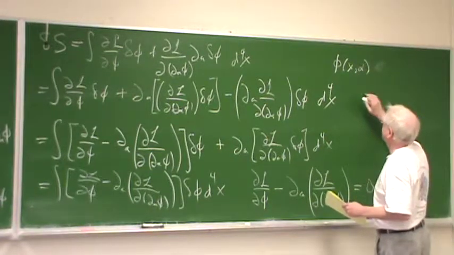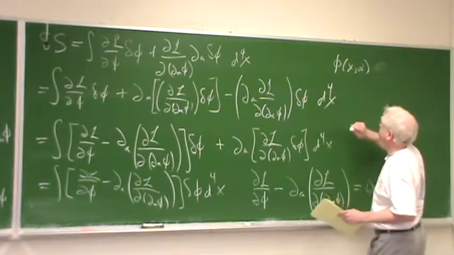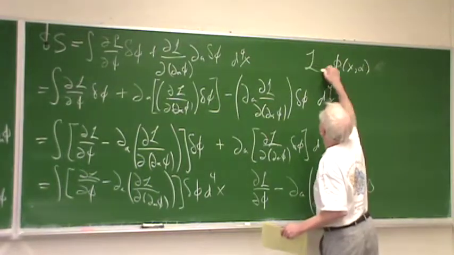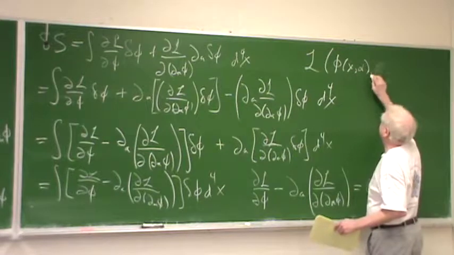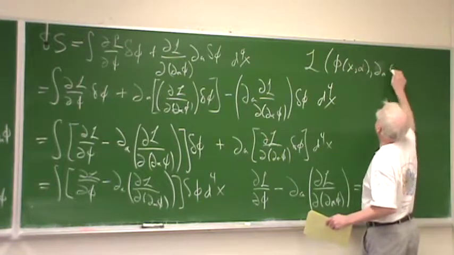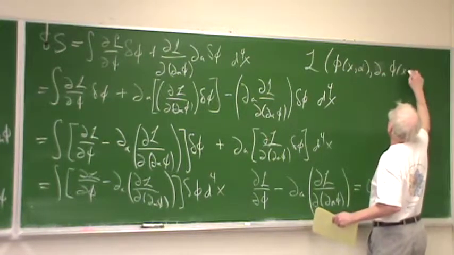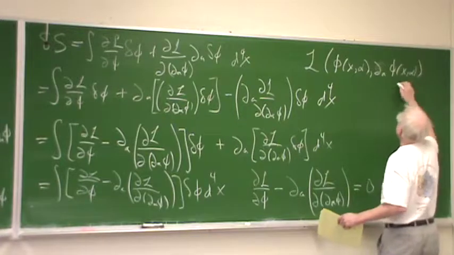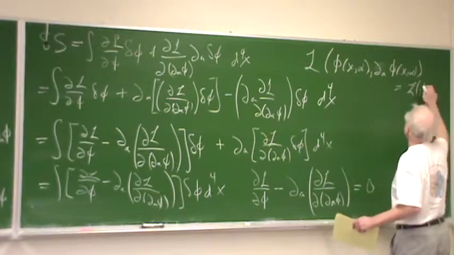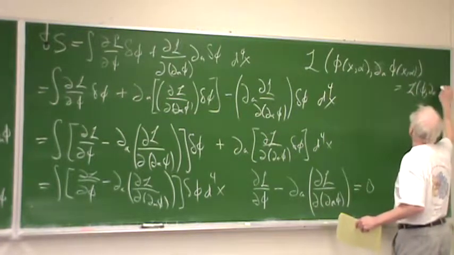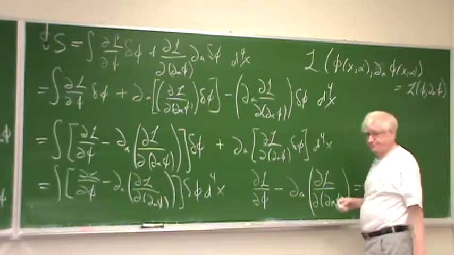And suppose that when you have L of phi of x and alpha and the derivatives of phi of x and alpha, suppose that's just the same as L of phi, d_A phi.